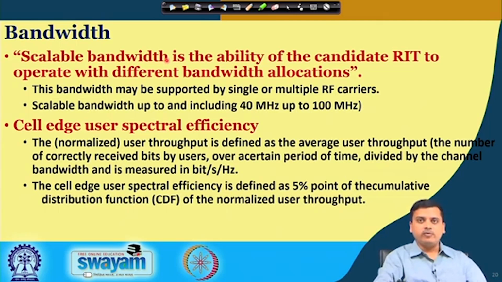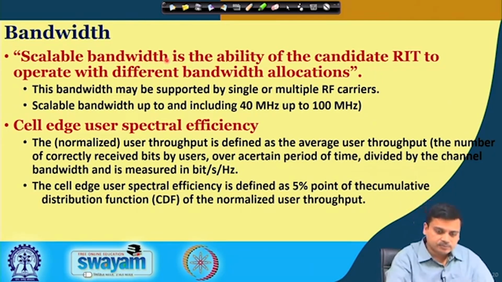So, systems or equipment should be capable of accessing different bandwidths as per allocation or the situation, or as controlled by the access point, the base station or the entire network.